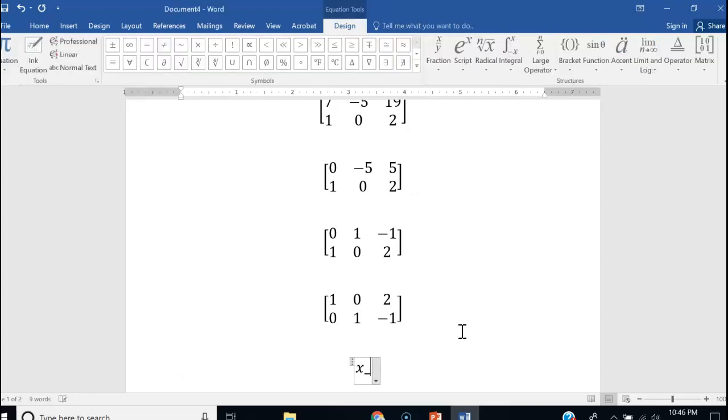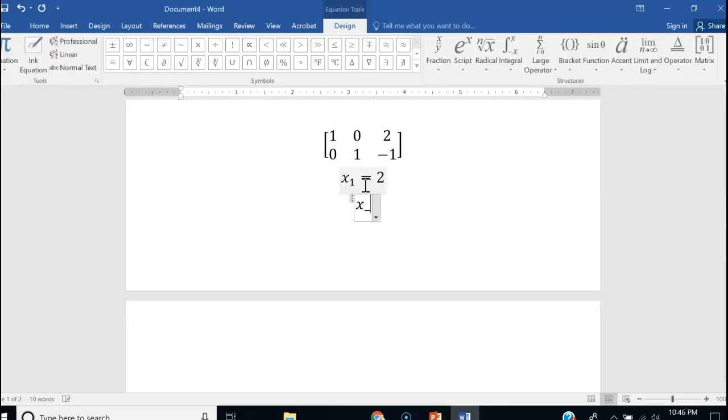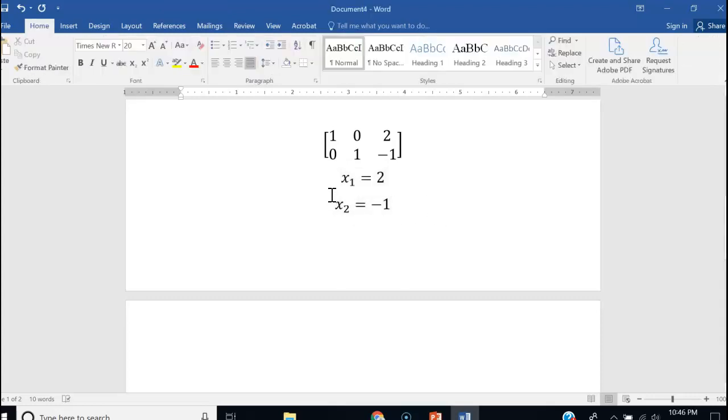So what we have there, like I said, is x1 has to be 2 and x2 has to be -1. All right, so if you are asked to write the solution, x1 is 2, x2 is -1. Or the solution, if you wanted to write it as an ordered pair, would be 2, comma, -1.